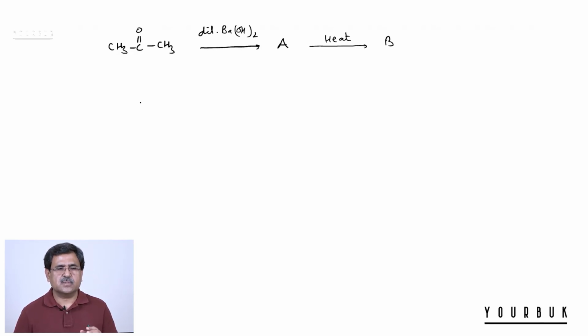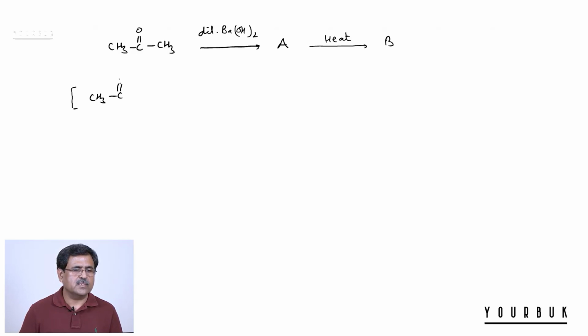Now the first step is self aldol condensation. We write in our rough work one of the acetone molecules as a substrate, highlighting the carbonyl group. So this is the substrate, and write the second molecule of acetone as an enolate involving alpha hydrogen. So this is my enolate.